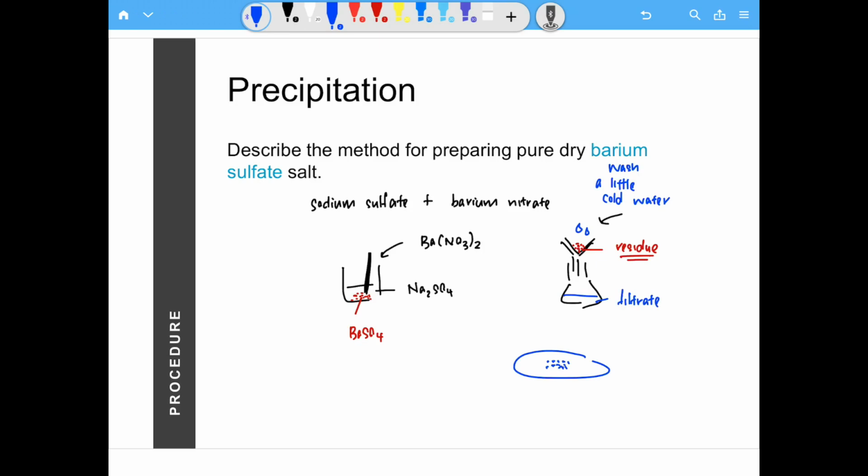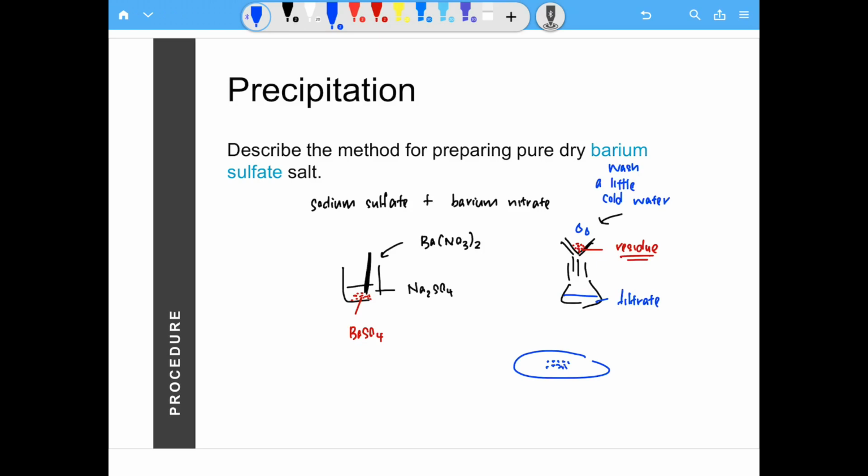For some salts we can actually dry them by putting them in an oven, but that method is not recommended, because there's a chance that the precipitate may decompose under the high temperatures. So drying in an oven would not be encouraged.